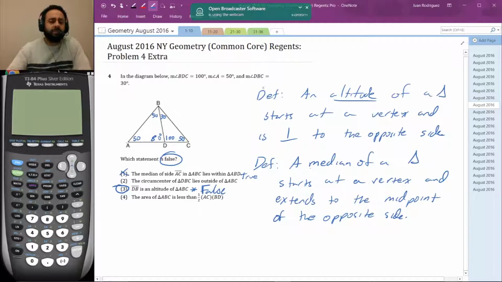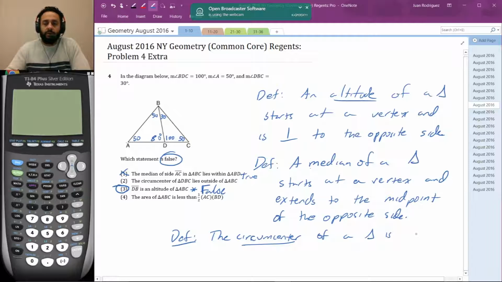The second one, the circumcenter of triangle DBC lies outside of triangle ABC. That one is a tough one. You need to know what the circumcenter is. Okay, the circumcenter of a triangle is the center of the circle which circumscribes a triangle.